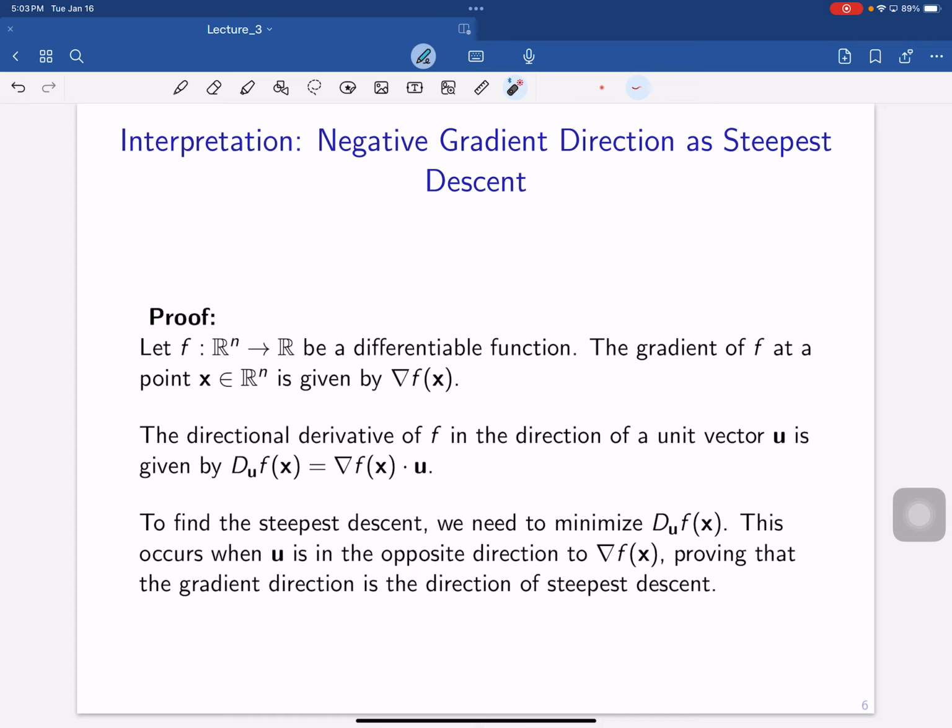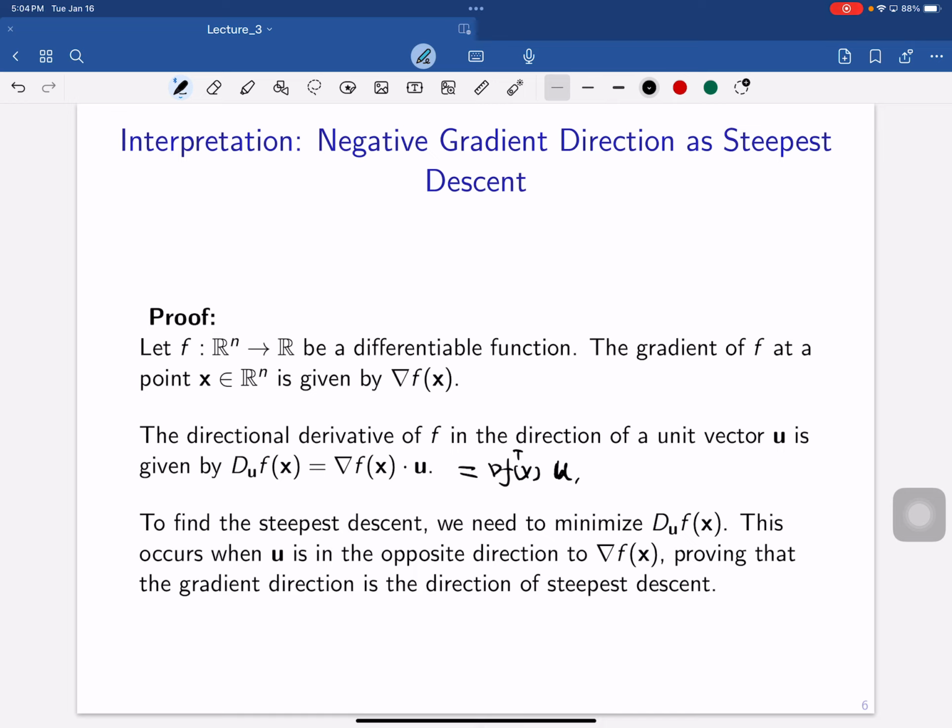So if you have the unit vector u, then the directional derivative of f with respect to this direction u is calculated as the dot product of the gradient of f at x and u. This is equivalent to the gradient transpose u. You just take each element of the two vectors and multiply them. Hopefully with some familiarity with linear algebra, this should be very clear to you.